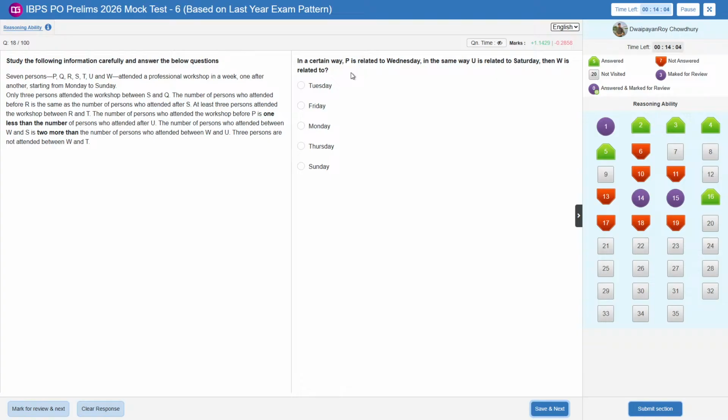If P is related to Wednesday, U to Saturday, P to Wednesday, and U to Saturday, I think 1 plus minus 1 or something like that.